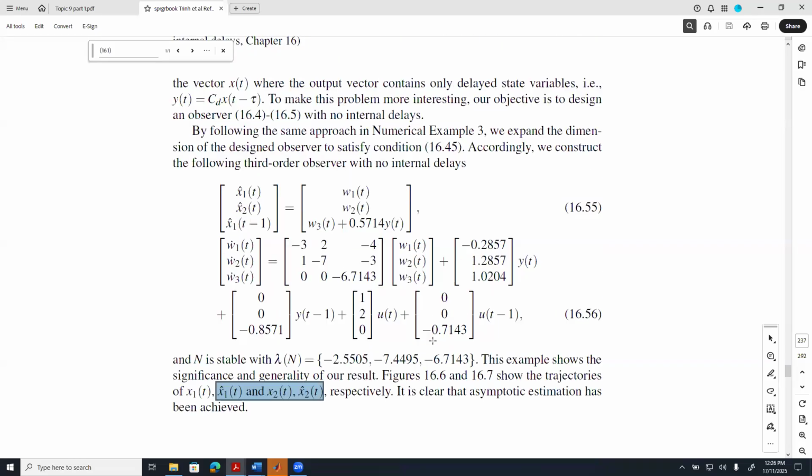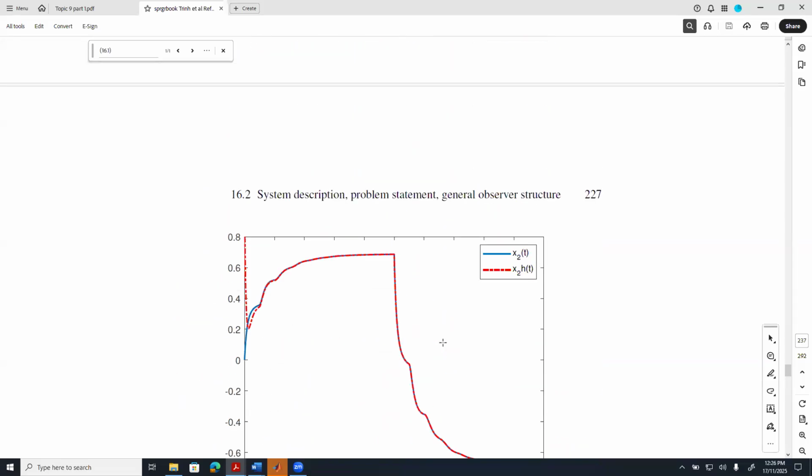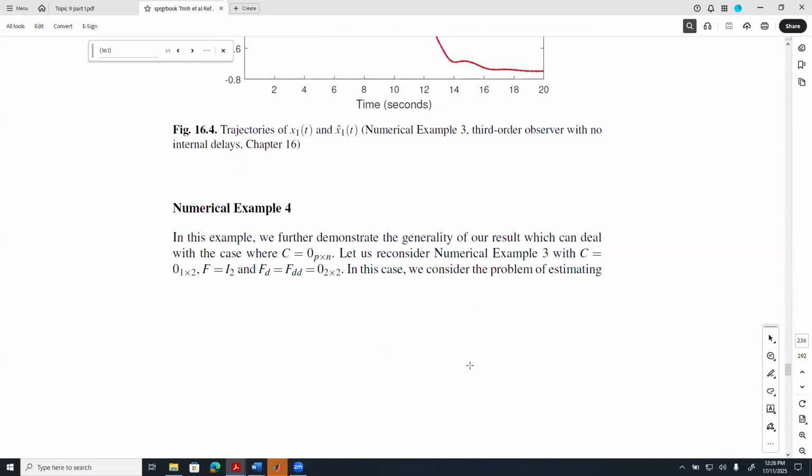And when we think about it, this is something unheard of because we got the output measurement. We see the delay output measurement. It contains only delay stack variables in here. So the output measurement for this example, when we got c equal to 0, is basically a combination of x1 t minus tau plus x2 t minus tau.